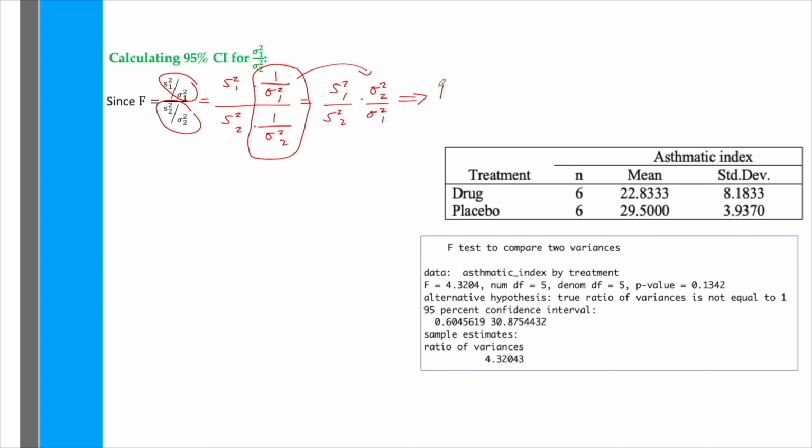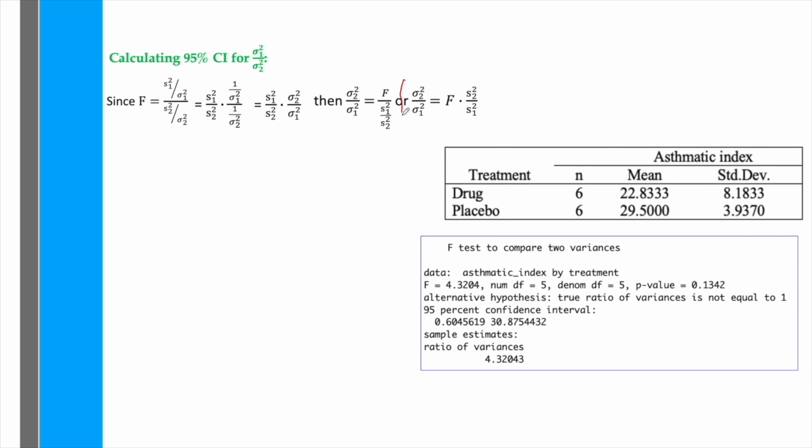Thus, our F statistic is s squared sub 1 over s squared sub 2 times sigma squared sub 2 over sigma squared sub 1. And since what we're trying to find is the ratio of the two population variances, sigma squared sub 2 over sigma squared sub 1 is F divided by s squared sub 1 over s squared sub 2. Or in other words, sigma squared sub 2 over sigma squared sub 1 is F times s squared sub 2 divided by s squared sub 1.